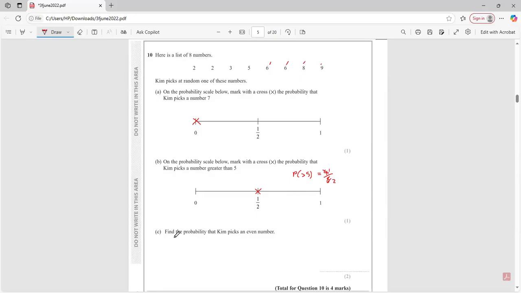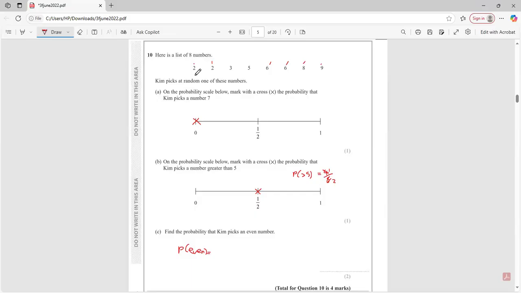All right, next thing we have: find the probability that Kim picks an even number. Let me just put it like that, probability of even, right? How many even numbers do we have there? 1, 2.